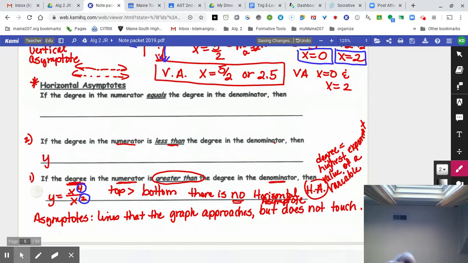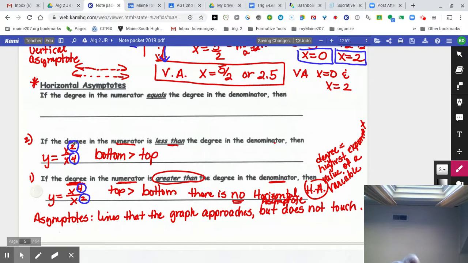Let's say I have y equals x to the 2nd on top and x to the 4th on the bottom. You can see I've got a 2 in the top and a 4 in the bottom. So the degree in the top is smaller than the degree in the bottom.